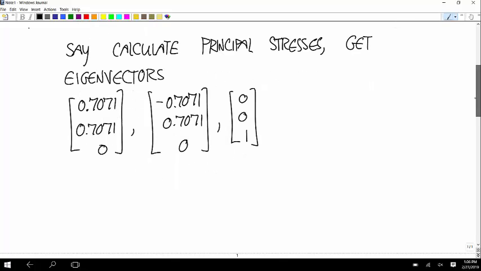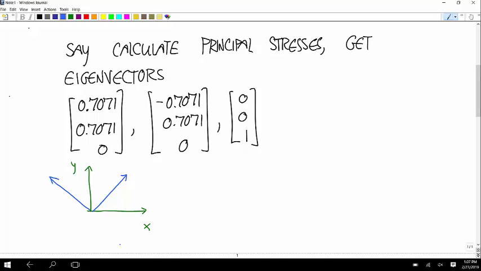Okay, so let's say that you decide to put these in order. Well, let me draw them. So first of all, here's our original coordinate system. And our principal coordinate system has one axis like this, one axis like this, and then an axis coming out towards us.